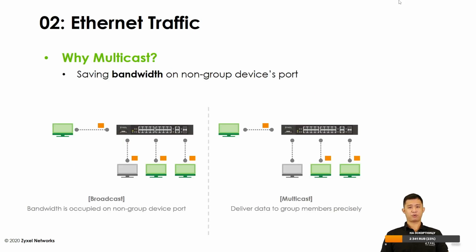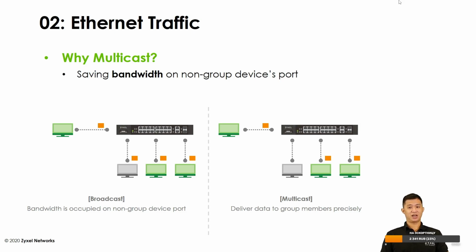Here we have another question. Both broadcast and multicast can send data to multiple devices in a single try. What's the benefit of multicast compared to broadcast? The answer is multicast allows devices to filter specific groups of devices to receive the data.